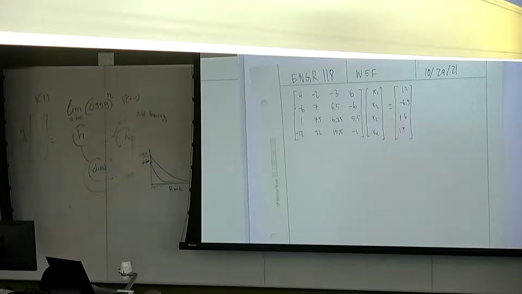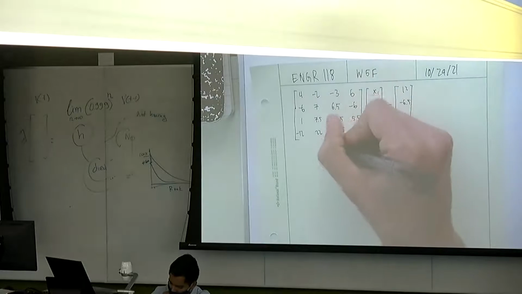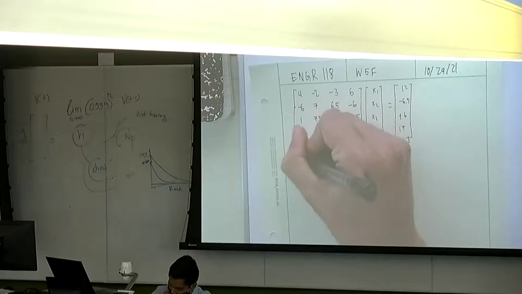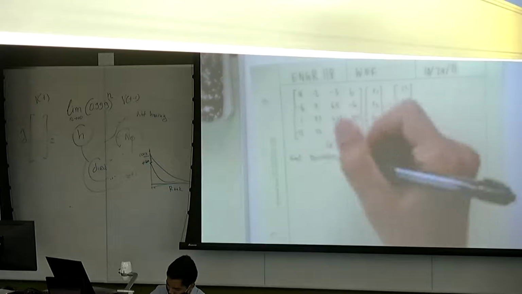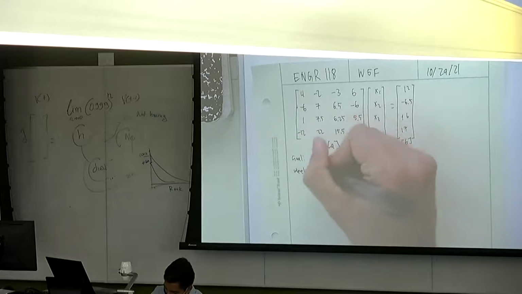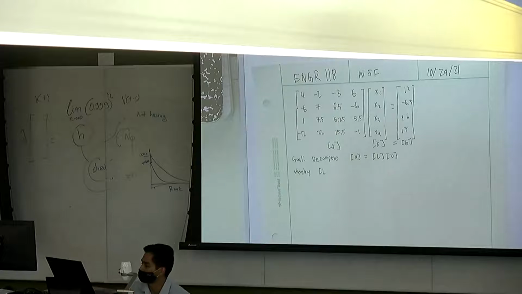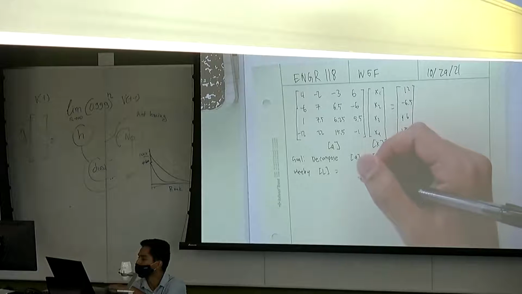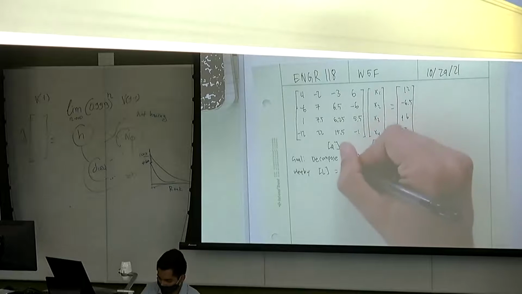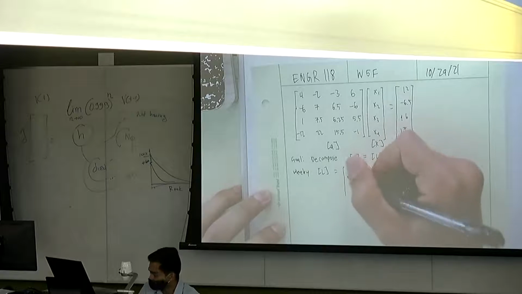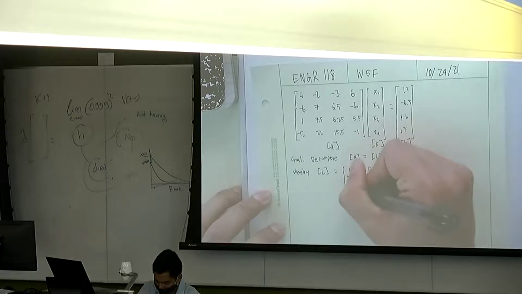Okay, let's do this together. We have AX equals B, and the goal is to decompose A into L and U, whereby L is the lower triangular matrix, which looks like this: 1, 2, 3, 4, M2,1, M3,1, M4,1.